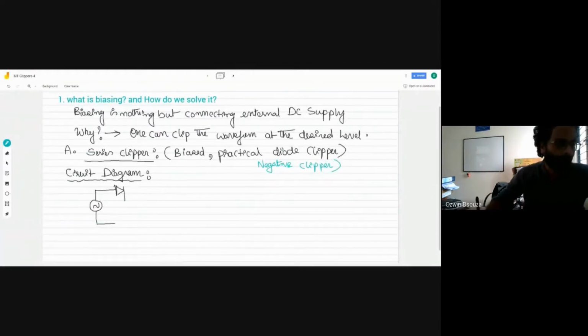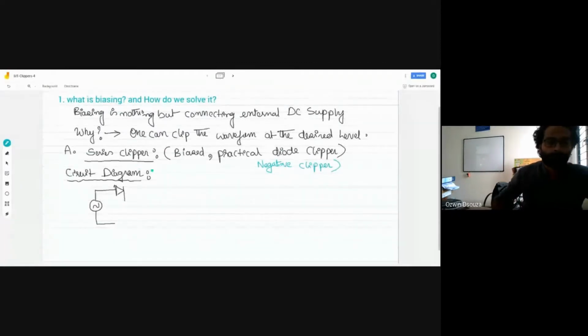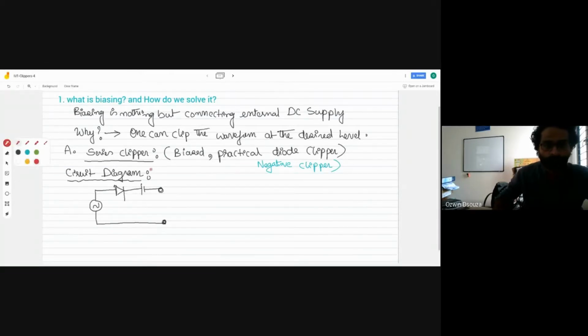This is your diode, and let's say that a battery is connected with the circuit in this manner. So this is your load.